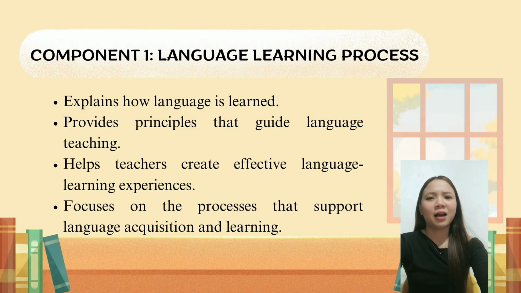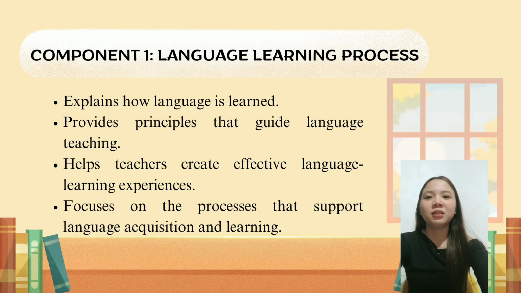It reminds us that language learning is not only about memorizing grammar, vocabulary, or rules. Students also need to practice, communicate, think, and use the language in meaningful situations. So in simple words, component 1 is about how students learn language.